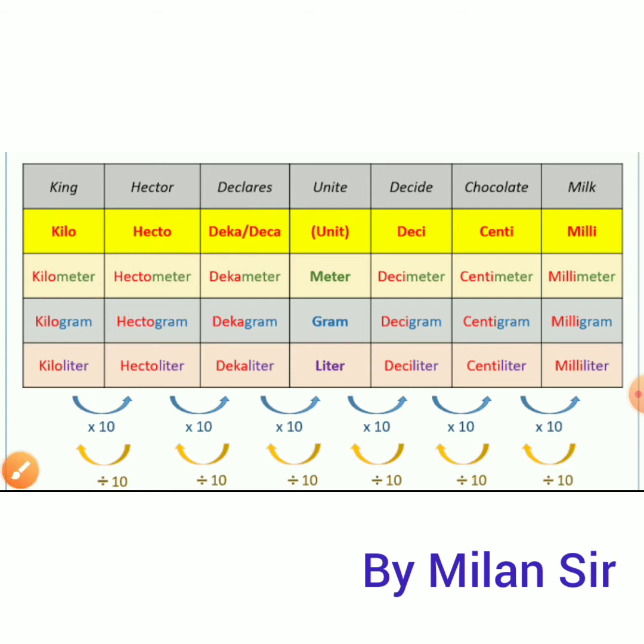So if we are going from left hand side to right hand side, we multiply by 10. But if we go from right hand side to left hand side, we divide by 10. That means from millimeter to centimeter, divide by 10.